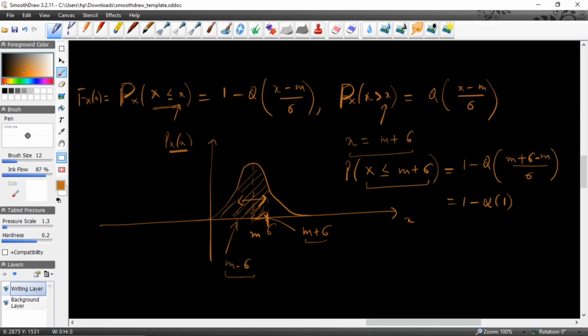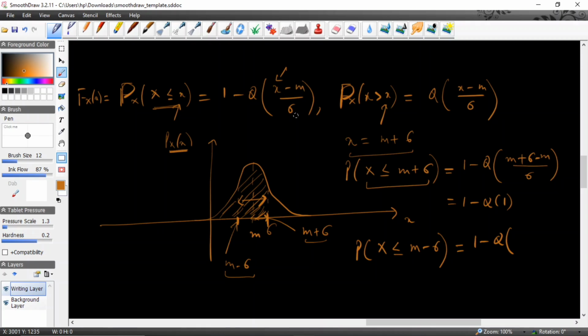So likewise, if I take this point, which is m minus sigma, and take the probability of X less than or equal to m minus sigma, that will become 1 minus Q of (x minus m) over sigma with x equal to m minus sigma. So you get m minus sigma minus m, so your m gets cancelled.